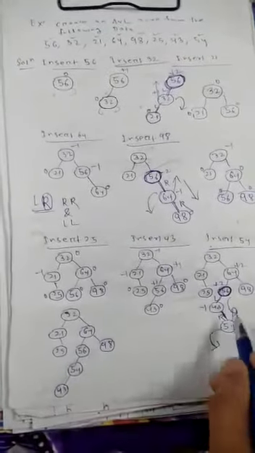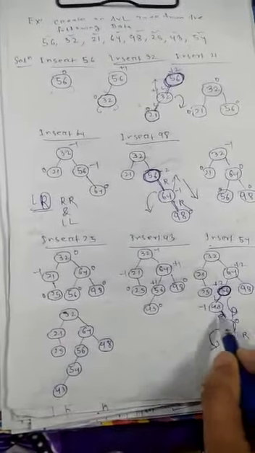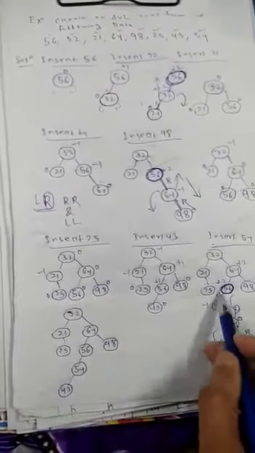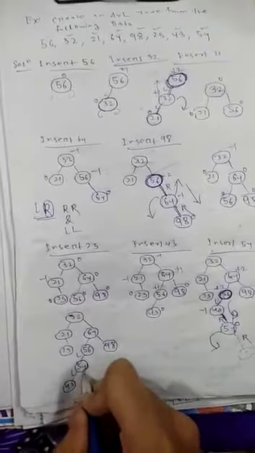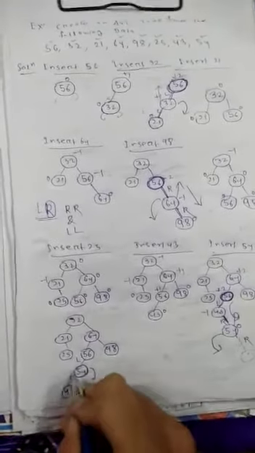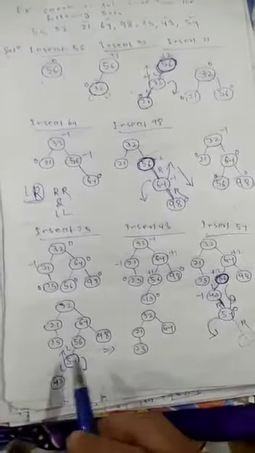So after one rotation we have to find this tree. Next, which rotation is there? L is here. Next L, again perform the LL rotation. This is your middle node. Then we have to rotate right, and this goes to the up. Suppose the remaining tree is there, we perform the LL rotation.